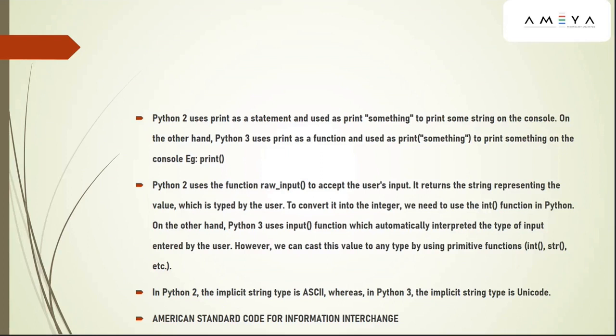However, we can cast this value to any type by using primitive functions, integer, string, etc. So compared to Python 2 versus Python 3, the major differences are available. We have to update from raw_input to input in Python 3. So this is the basic thing.